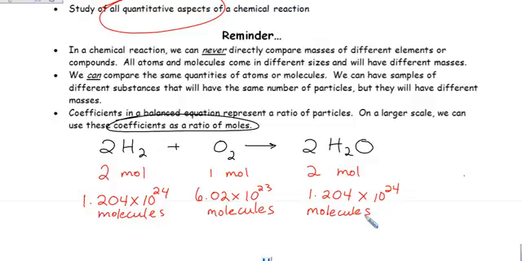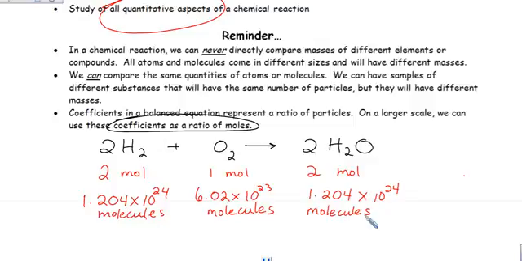When particles react in a chemical reaction, they react as a ratio of atoms or molecules. I need 2 molecules of hydrogen for every 1 molecule of oxygen. And we just said that that's unrealistic. It's way too small. So let's amp it up a little bit and use larger ratios. But we still kept the original ratio consistent. It's still a 2:1:2 ratio of particles.